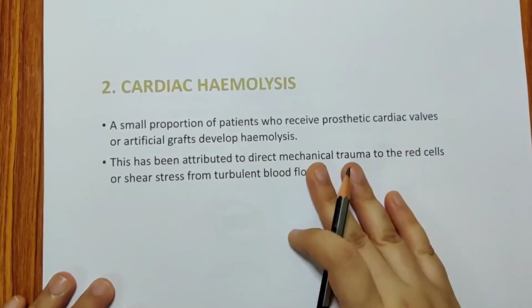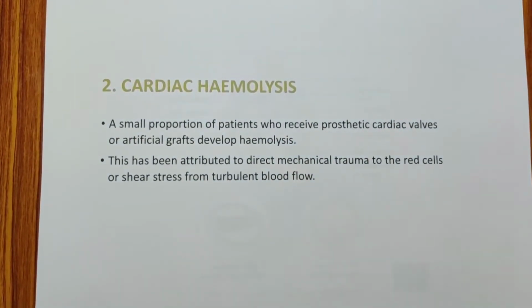Now, cardiac hemolysis. A small portion of the patients who receive prosthetic cardiac valves or artificial grafts develop hemolysis. Usually patients who have congestive cardiac failure or who have had multiple cardiac arrests, because their valve is not working, we replace the valves.